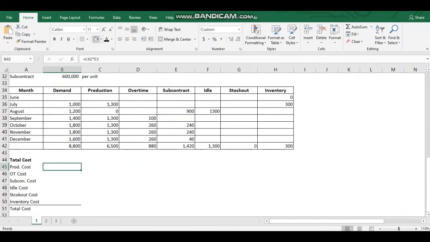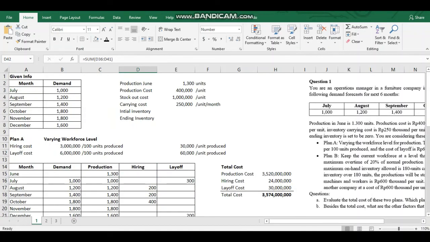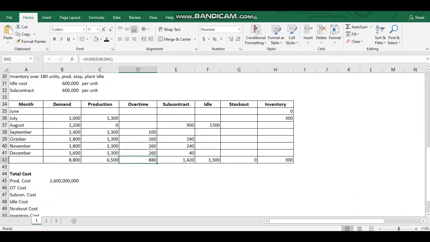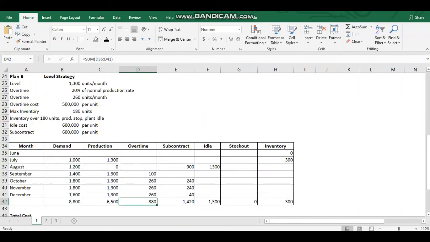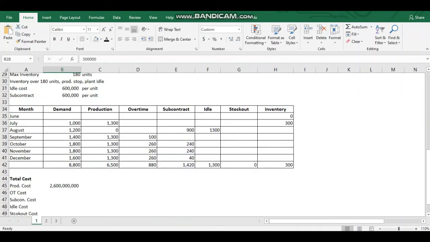And then for overtime cost, the total overtime multiplied by the overtime cost per unit, which is 500,000 per unit. And then for subcontract cost, the total of subcontract multiplied by the cost of subcontract.